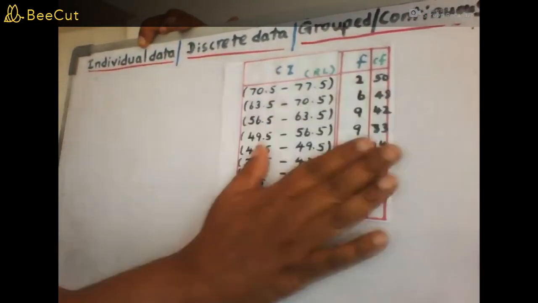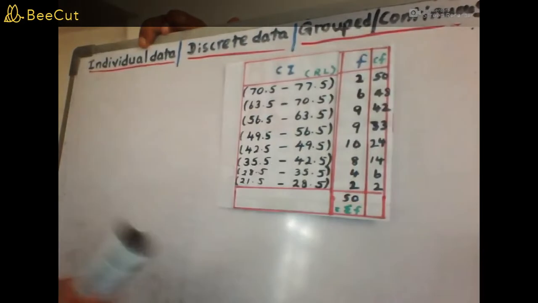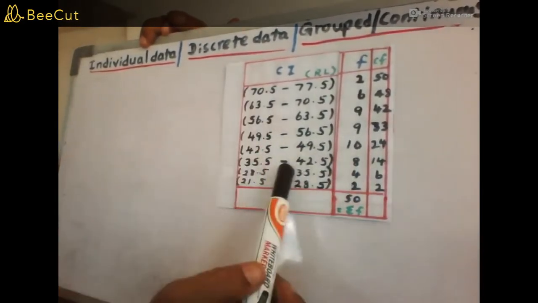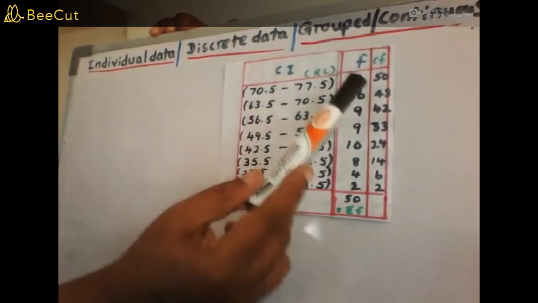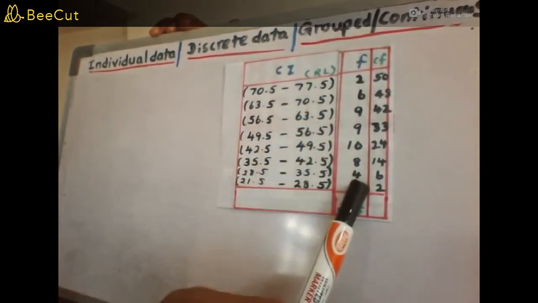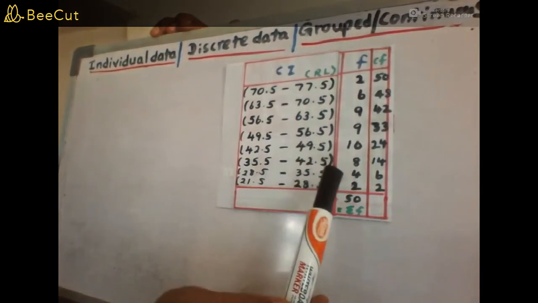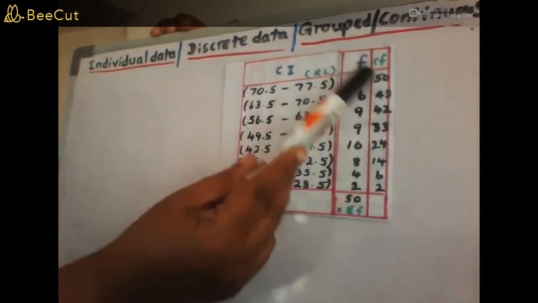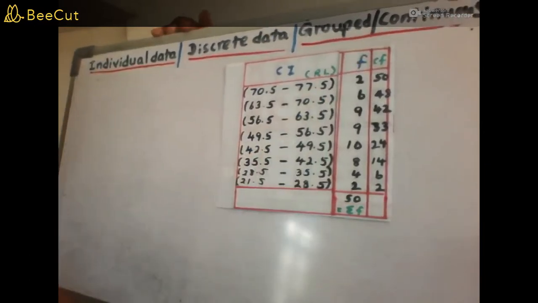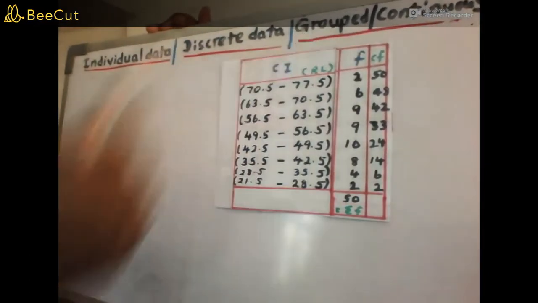We have classes like this, second page, right? These are group data, frequencies, tallies, and then the frequencies. To find the median, you have to get the cumulative frequencies also. Remember that. That is for group data, right?